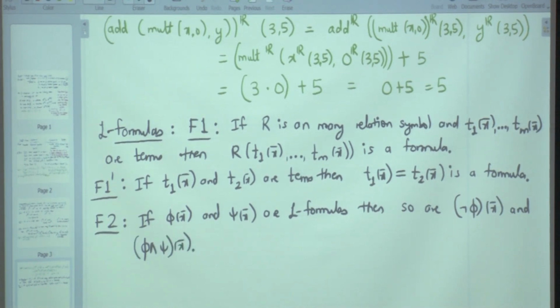Any problem about that? x less equal y and z equal to 0, conjunction, z equal to 0. That's a formula. Conjunction of two formulas must be a formula. Negation of a formula must be a formula. As derived symbols, we can also say disjunction, implication, if and only if. Everything just comes under this F2.